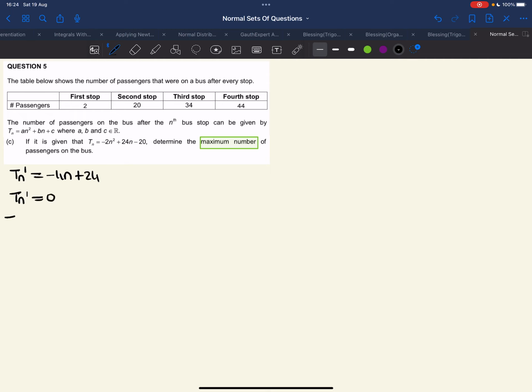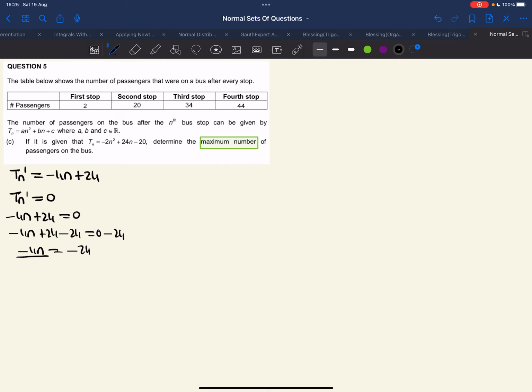So we're going to say minus 4n plus 24 equals 0, minus 24 on both sides, minus 4n equals minus 24.